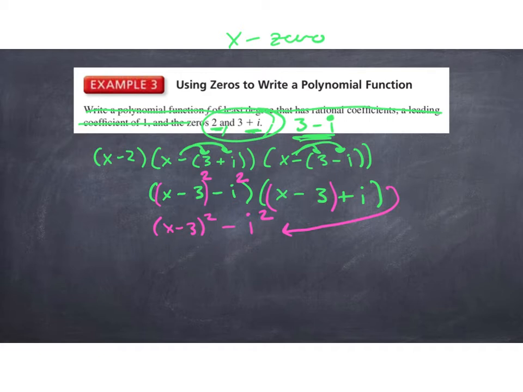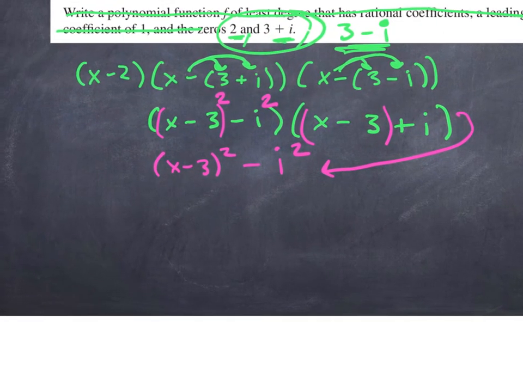So how can we multiply (x minus 3) squared? How do we simplify that? So x minus 3 times x minus 3, and then we need to FOIL, because anytime we see that squared, we're multiplying it times itself.